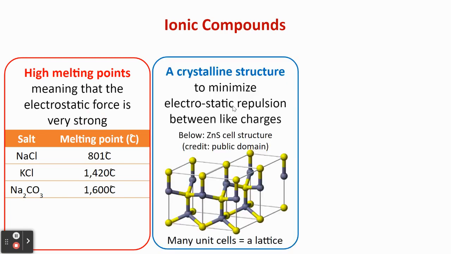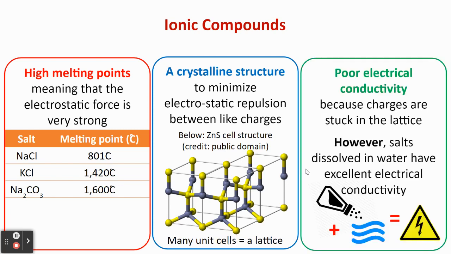They tend to form crystalline structures, which are just highly organized patterns of what are called unit cells. And they're poor conductors of electricity. However, if we were to dissolve an ionic compound in water, the ions are free to float around in that solution, and then they become excellent electrical conductors.